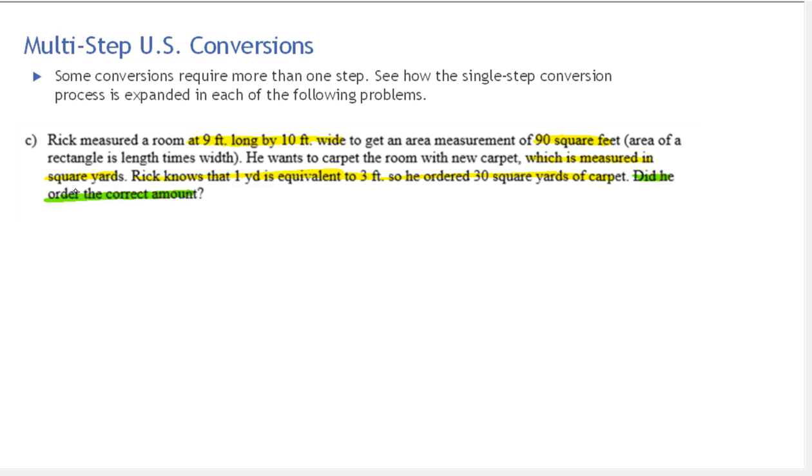Okay. So, before we look at the conversion, because this conversion is in our list, let's compare. We know 1 yard is 3 feet. Okay. But now let's compare square yards and square feet. So I'm going to make a square, and I am going to say that it is 1 square yard.